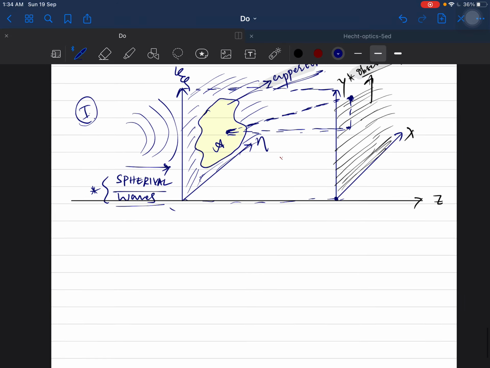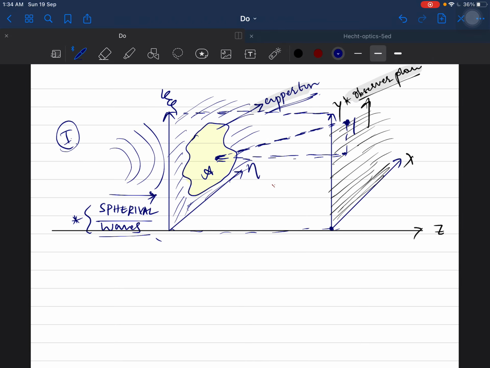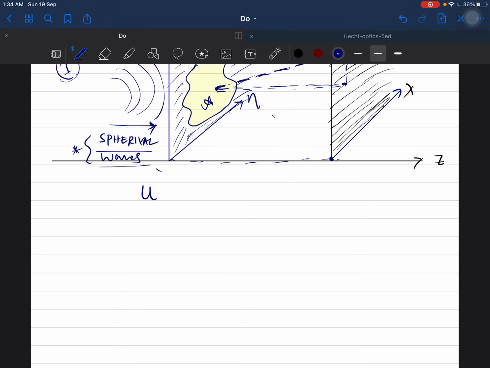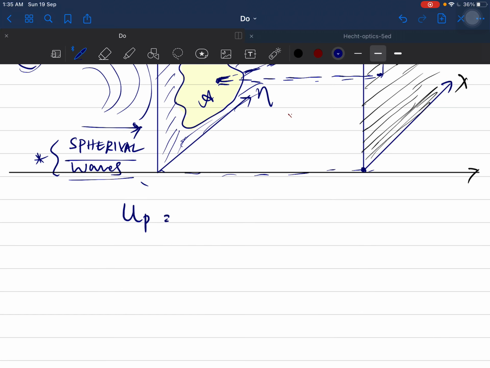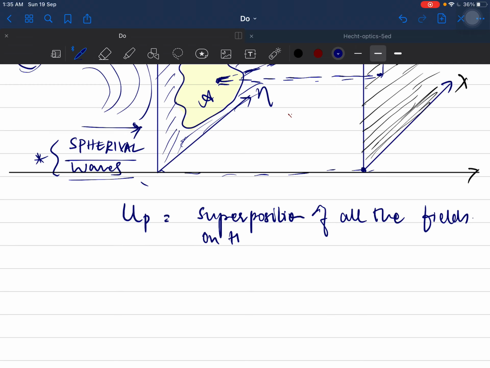We basically find the field at P, U of P. Now U of P is basically a superposition of all the fields on the aperture, emanating from the aperture.